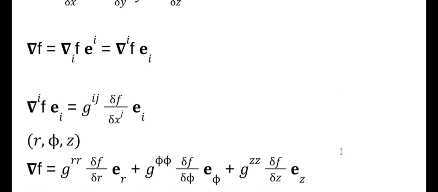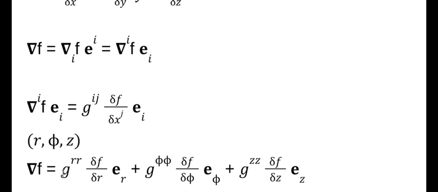So the contravariant derivative of this scalar field times this basis vector can be expressed as the metric tensor times the directional derivative of that with a generalized coordinate times this basis vector, okay? So we can express that whole thing like this.